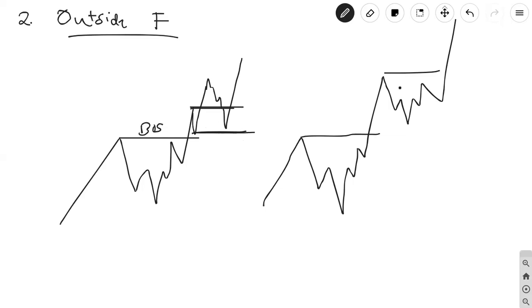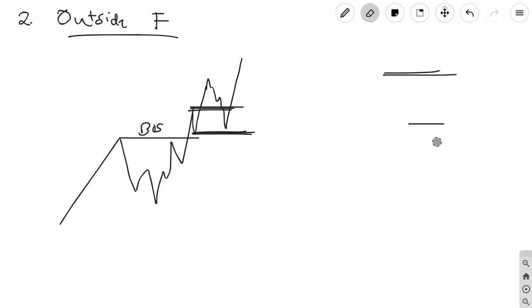If you see a formation with a lot of inside formations in it, that is a new structure. You need to treat that as a structure, not as a formation. But if you see something like this, that is an outside formation, and you can use it as entry. I don't know if we are going together here. Yes, we are. Good. So do not confuse these two scenarios, okay?